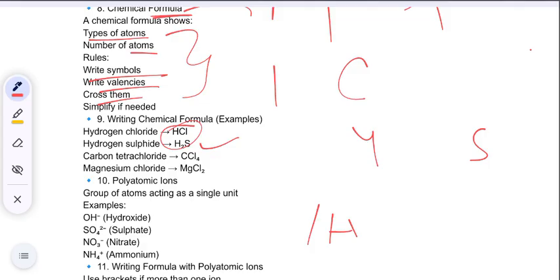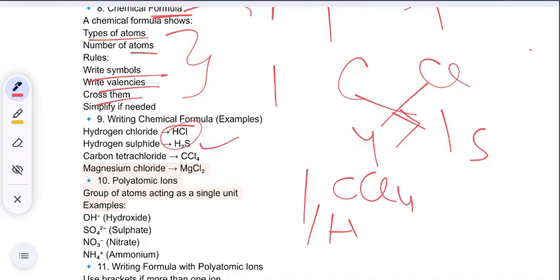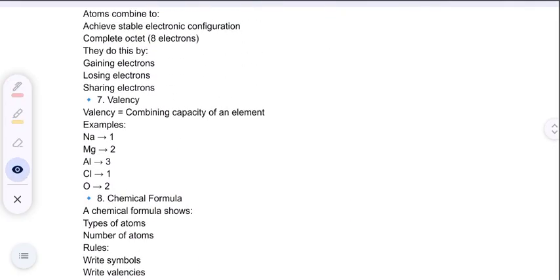Tetrachloride, we are simply talking about chlorine. Carbon, chlorine, cross multiply them. C we generally write as C, and chlorine becomes Cl4, so CCl4. Understood?